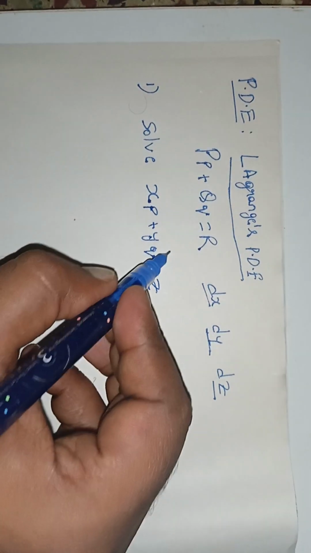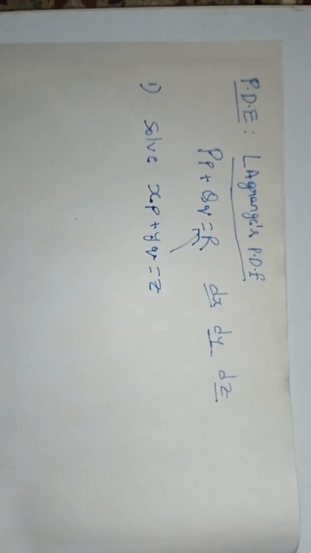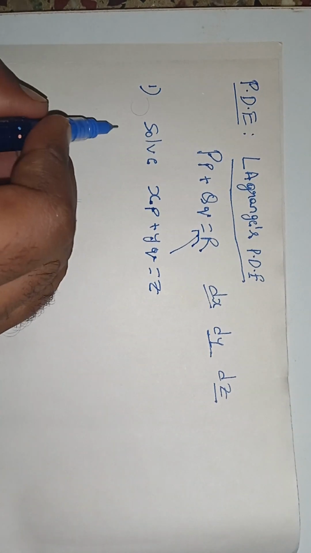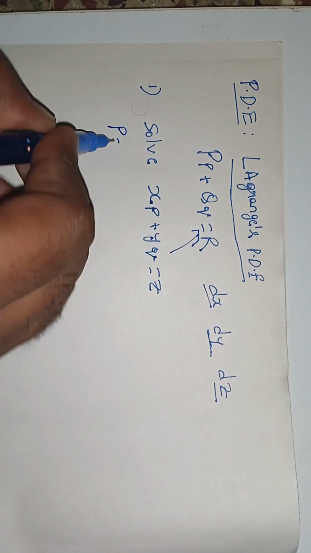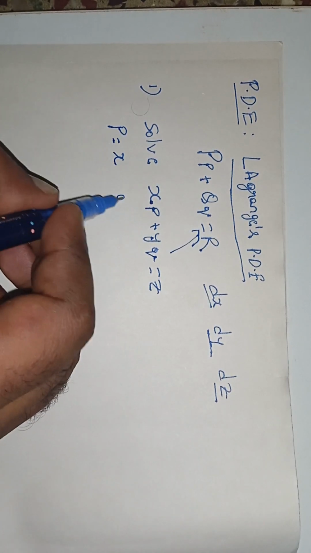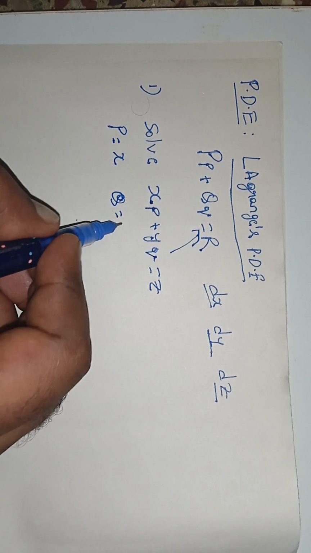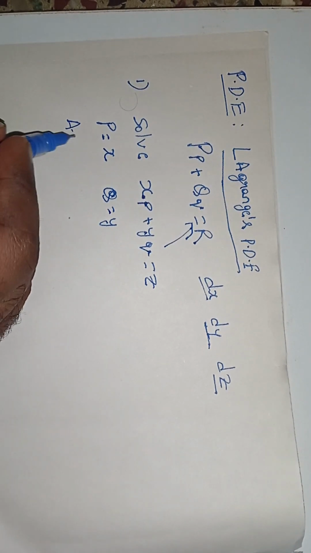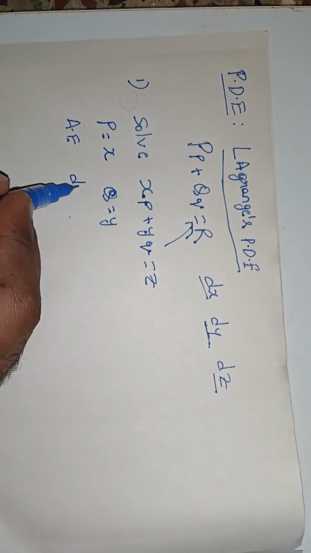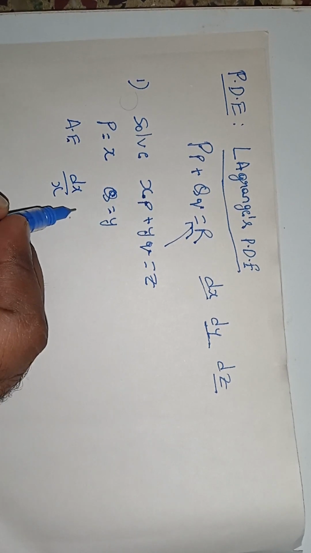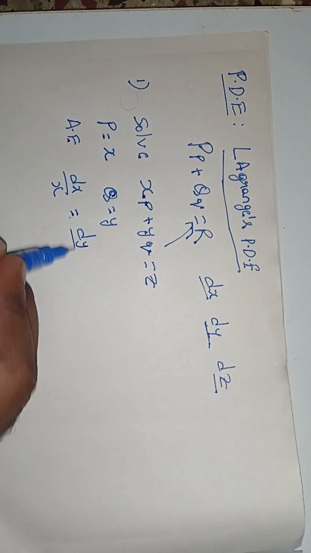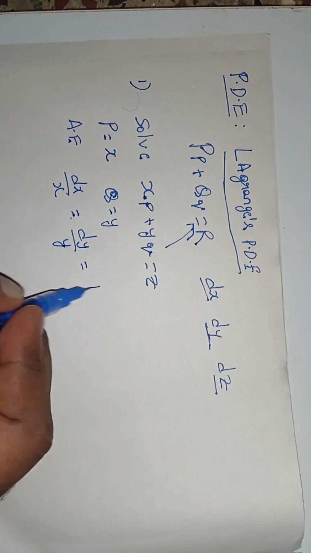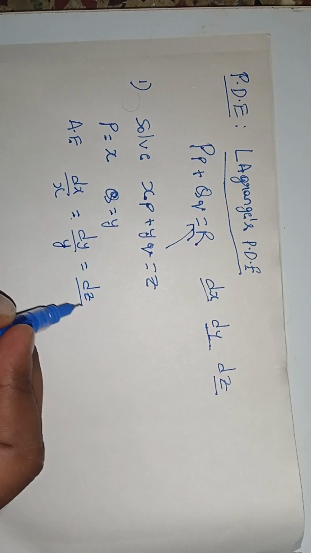So I will compare this to the equation. So here capital P is x and capital Q is y. So the auxiliary equation is dx by x is equal to dy by y is equal to dz by z.